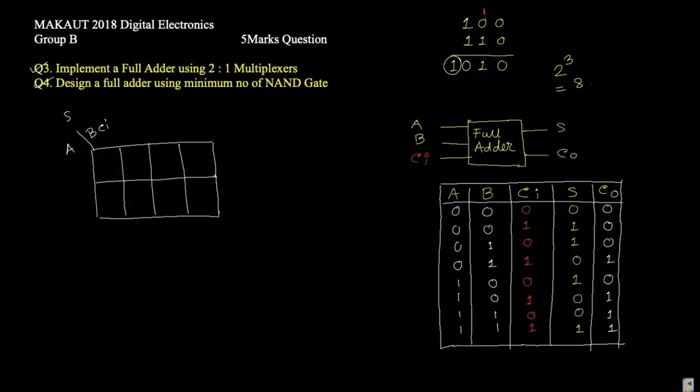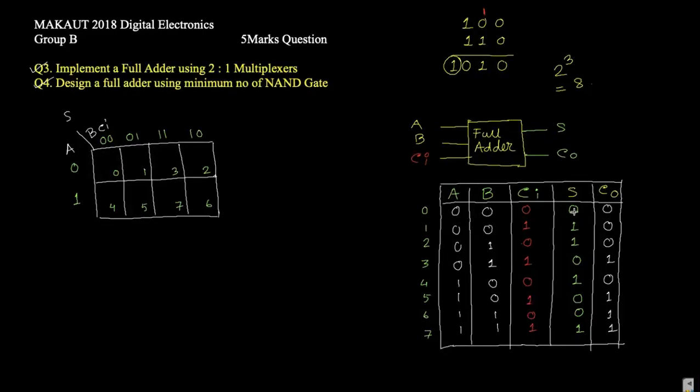Okay, so the Karnaugh map becomes, this is 0 and 1, and this is 0 0, 0 1, 1 1 and 1 0, and this is cell number 0, cell 1, 2, 3, 4, 5, 6 and 7. Okay, write it down: cell number 0, 1, 2, 3, 4, 5, 6 and 7, that is 8 combinations.